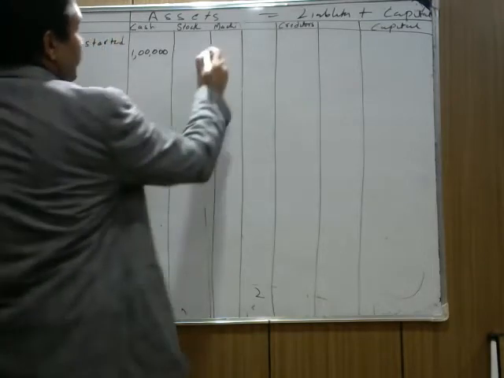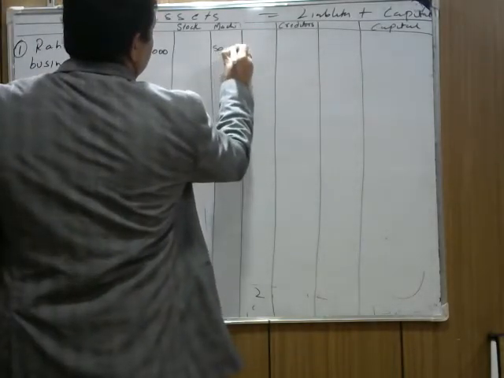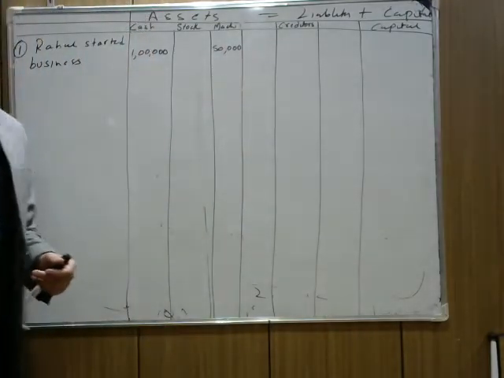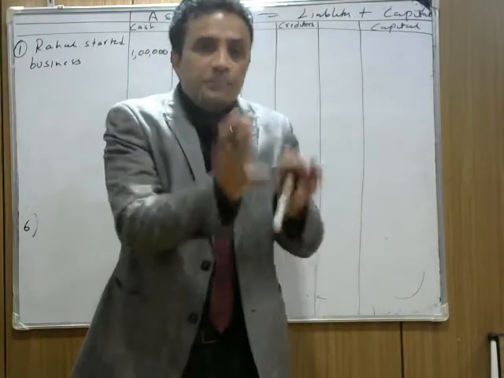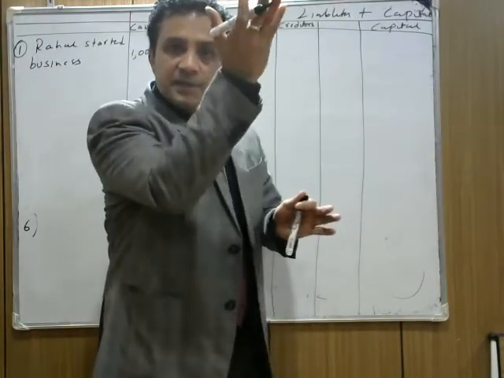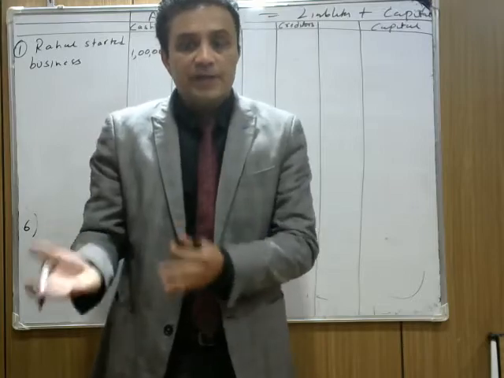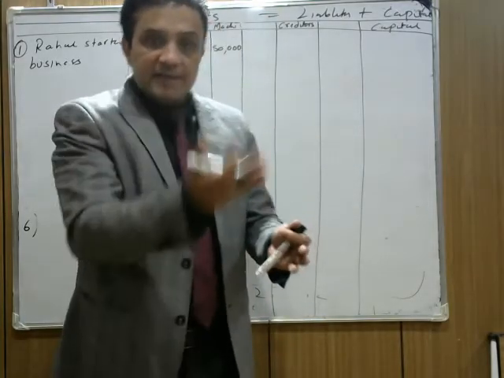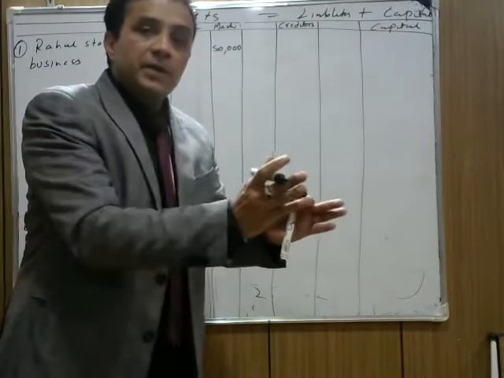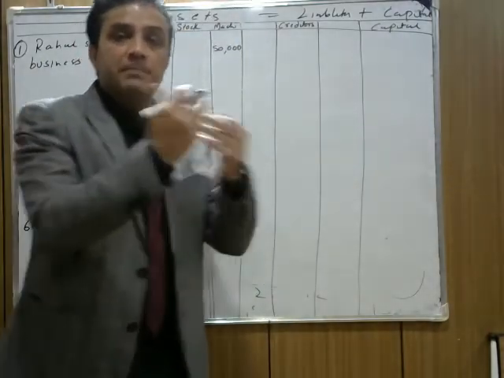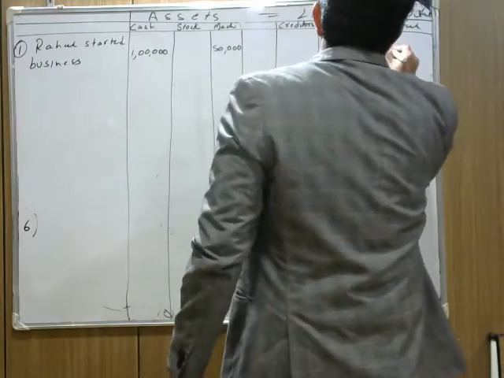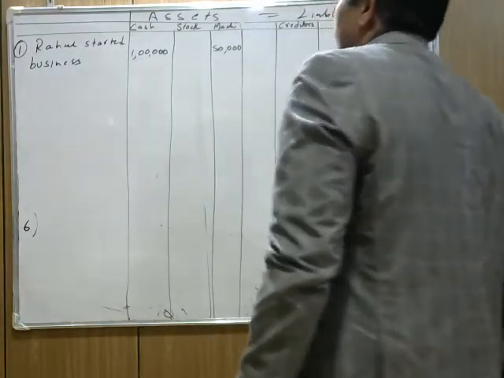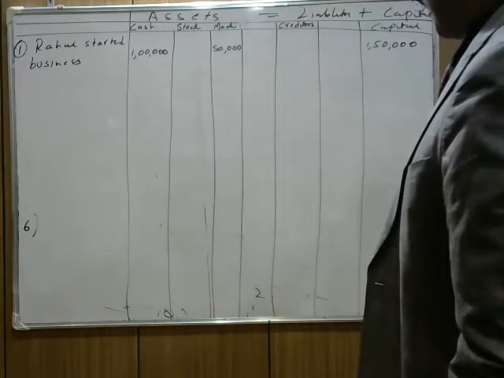And he put machinery which is valued at 50,000 in the business. When he put it in the business, assets increase because machinery is an asset, a non-current asset. He put all this in the business, so our capital also increases. The capital increased by 1,50,000: cash 1 lakh, machinery 50,000. It makes 1,50,000.